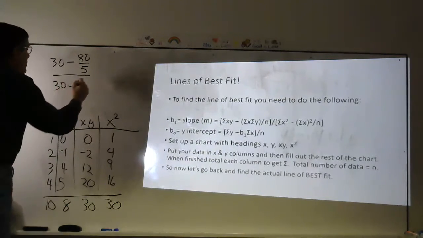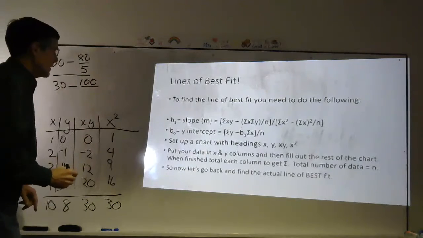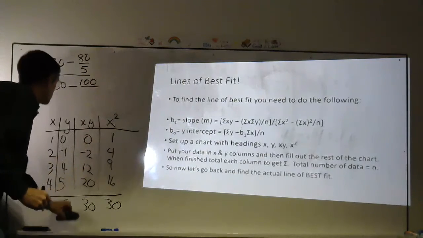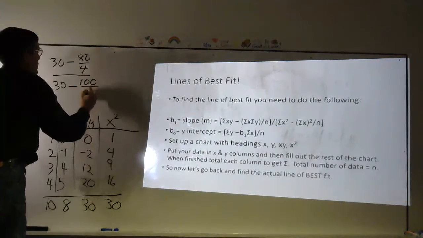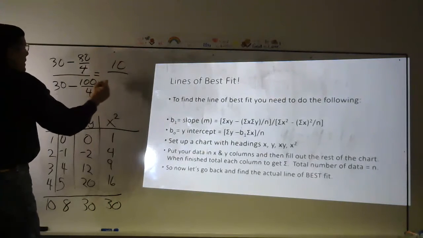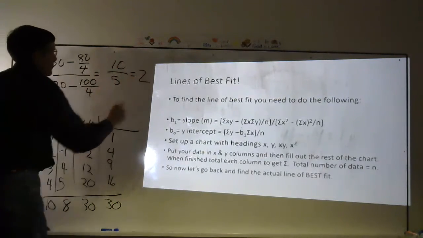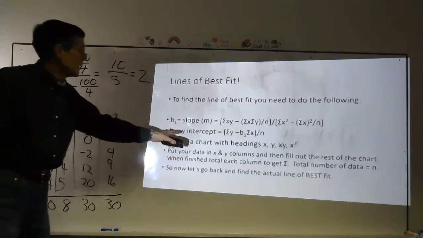So 10 squared is 100 divided by, and I said 5, I'm being an idiot. There's only 4. Sorry. 4 and 4 gives me 10 on the top, 5 on the bottom. Slope is 2. Okay? Now let's do the y-intercept.